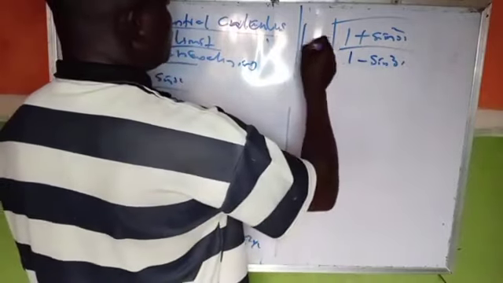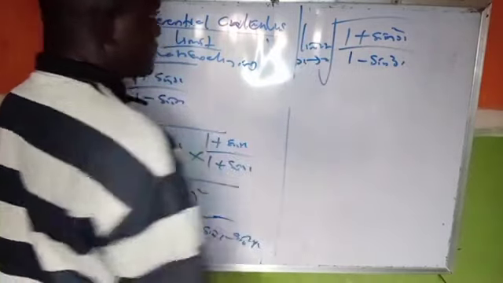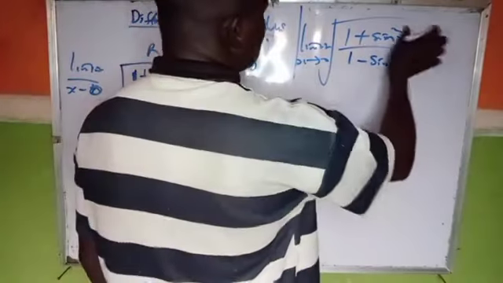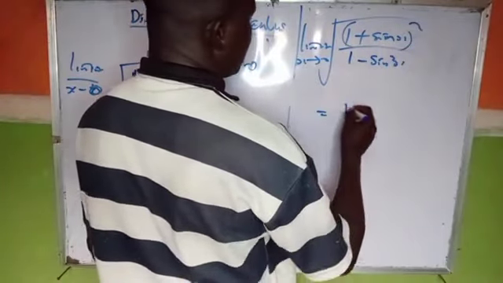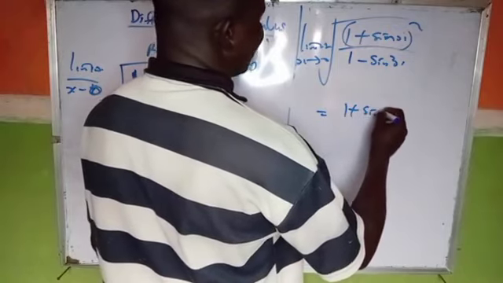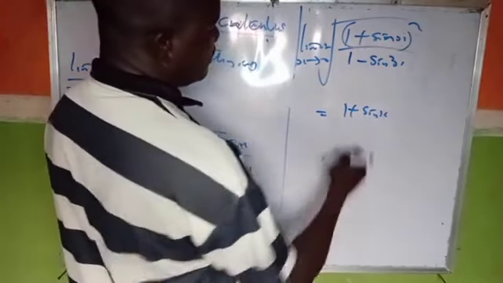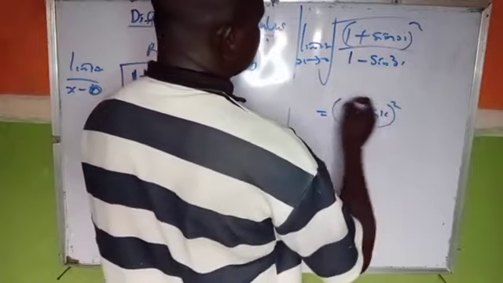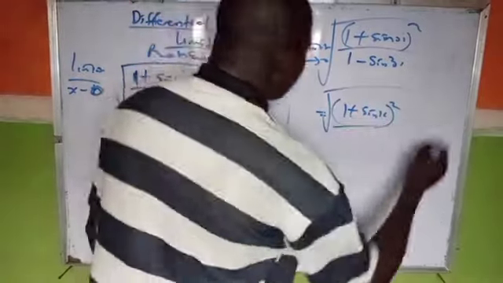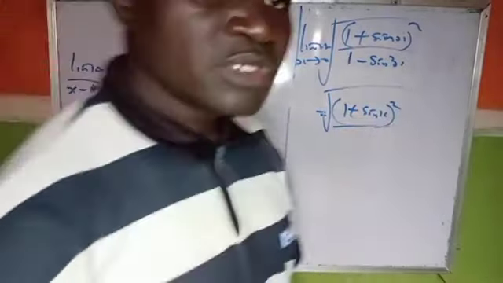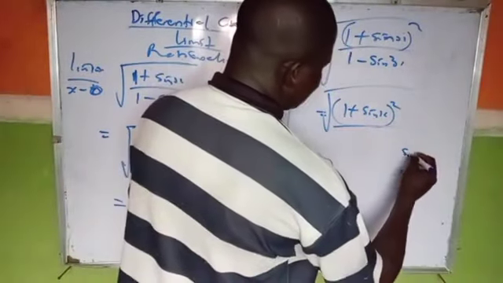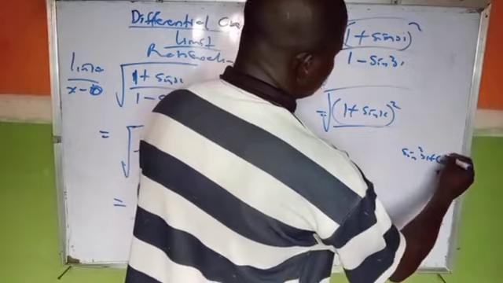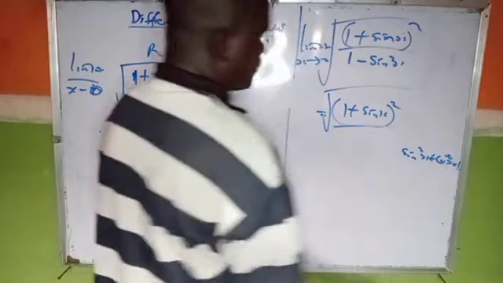So, you put your limit here, x tends to 0. Since this is squared, you have 1 plus sine x, and this is squared, there you have the square root over. Now, from the trigonometric identity, sine square x plus cos square x equals 1.